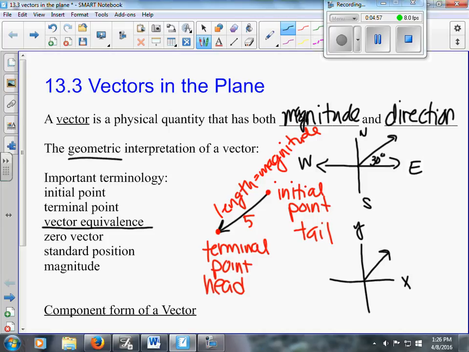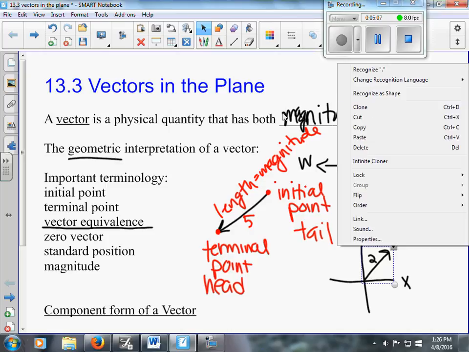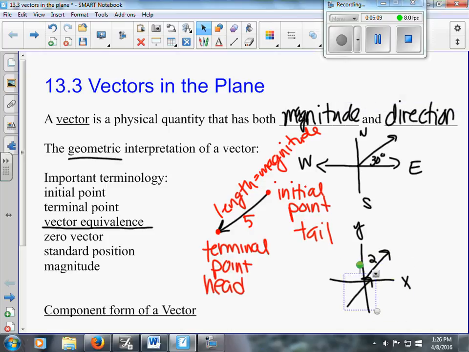They're just in different locations. So a vector is equivalent to another vector when it has the same magnitude and direction. The same magnitude, the same direction means the same vector.